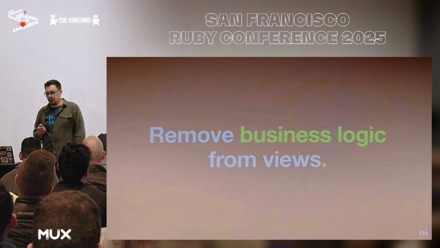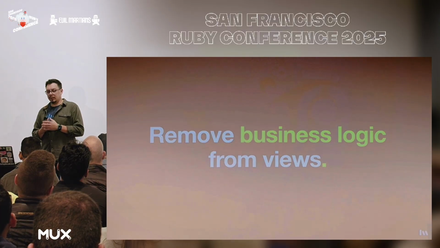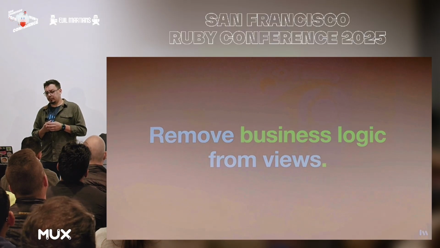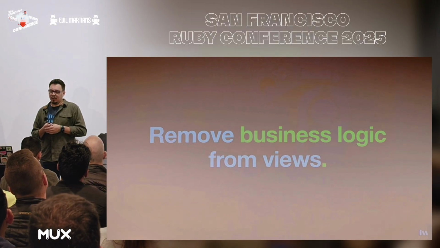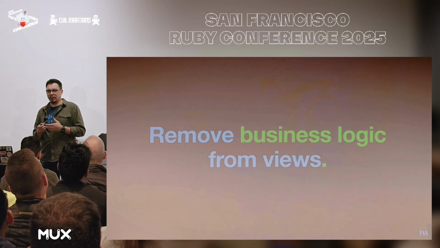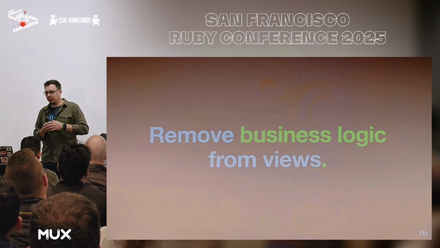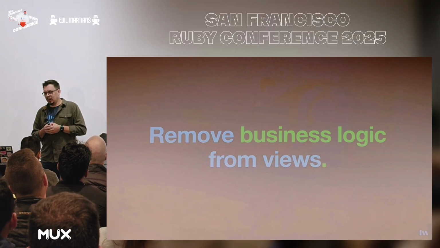All right. The next thing we did was to teach people to remove their business logic from our views, specifically ERB files. Now, views present a different challenge. ERB files are not well supported by community standard code quality tools like Flog and SimpleCov. There's been some improvements in that area, but it's still not great.